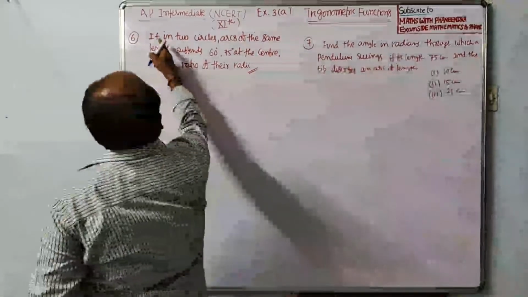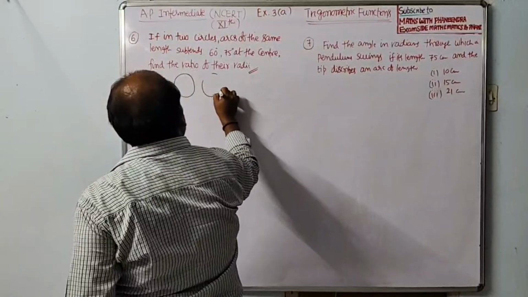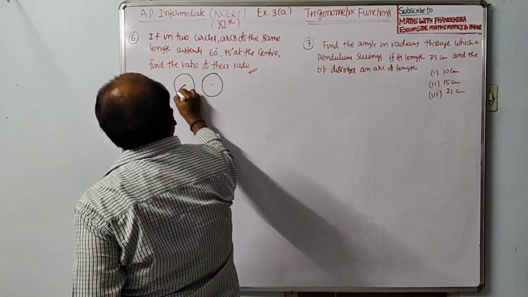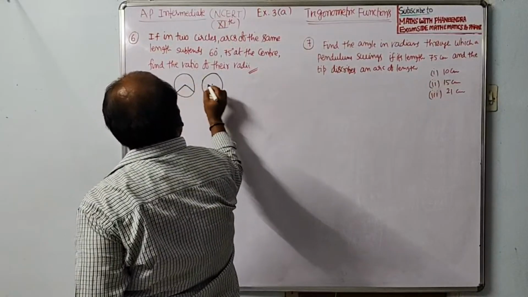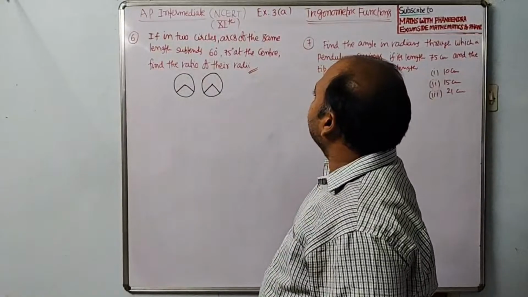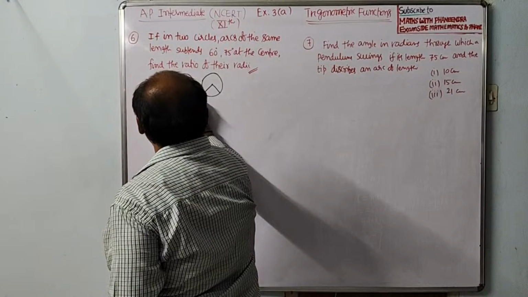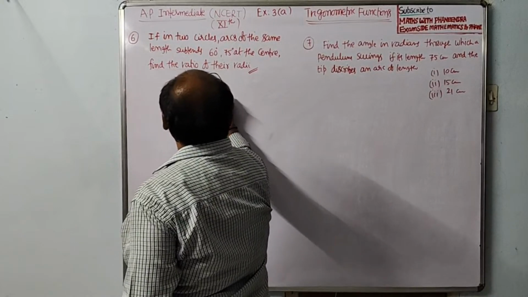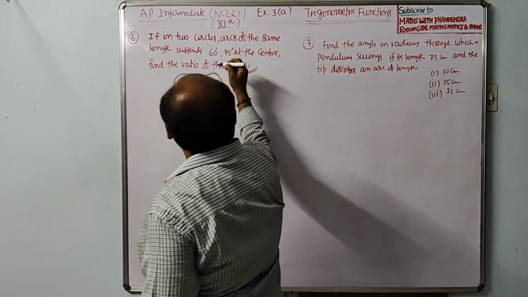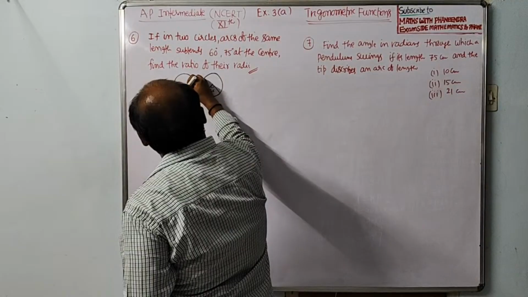Here, according to the question, if in two circles, this is circle 1, this is circle 2, centers, arcs of the same length, this length is L, this length is also L, subtends one is 60 degrees, another one is 75 degrees.